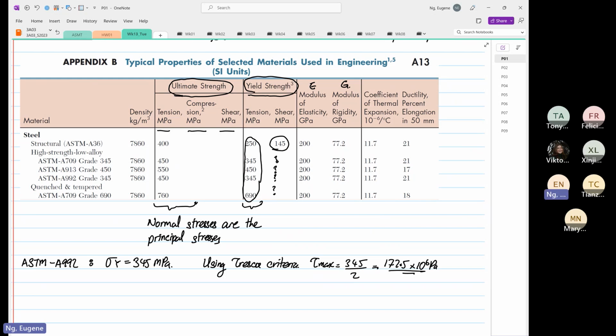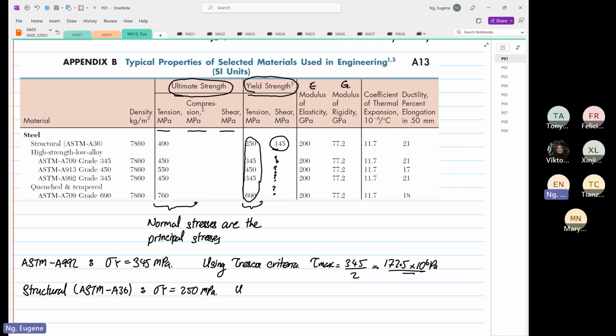Because doing all these tests is not cheap, you can use a certain criteria. So let's do the obvious. For structural steel ASTM A36, the stress yield is equal to 250 megapascal.